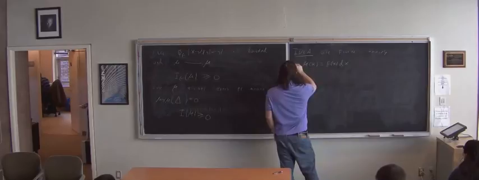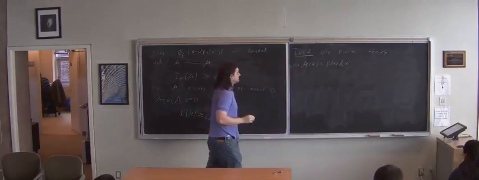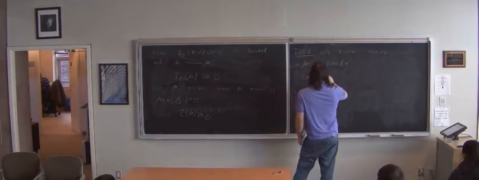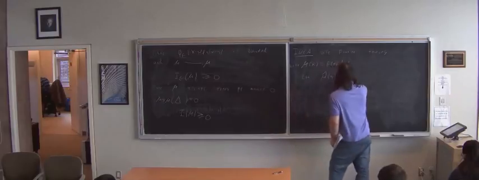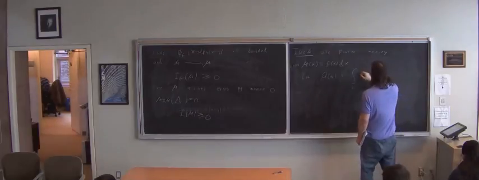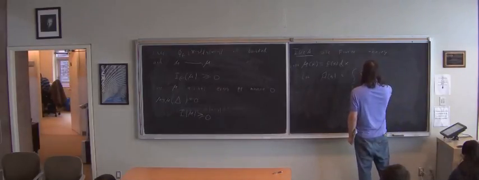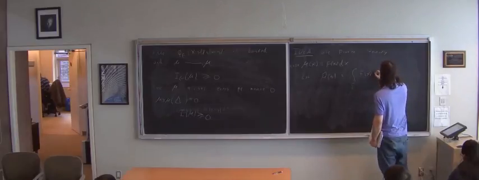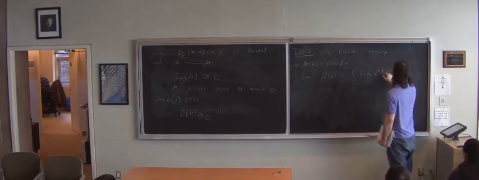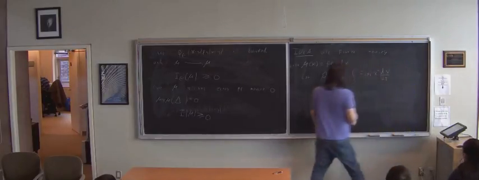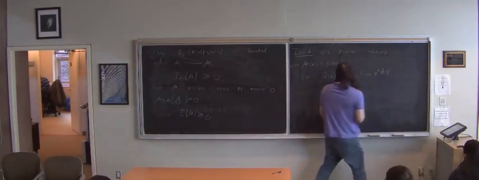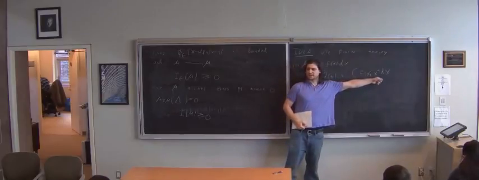Let mu hat of n be the integral over S1, over the unit circle, of f of x, x to the n, dx, normalized. So we're integrating it against the nth power of x, which is a character.